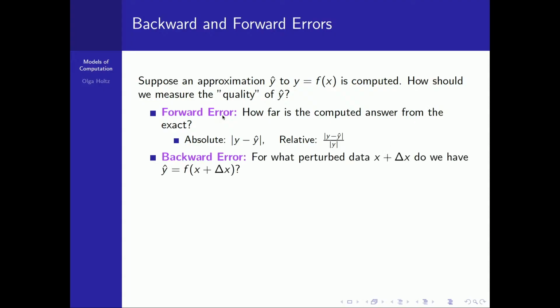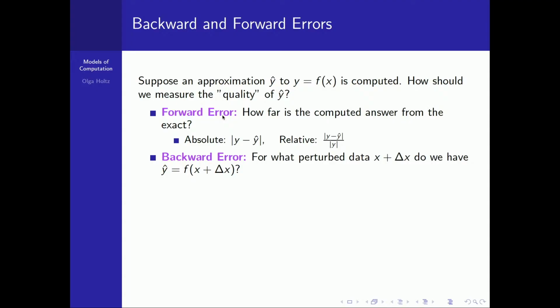What on earth is the backward error? The backward error is motivated by a slightly different question. You might wonder, for what possibly slightly perturbed value of the true input did you compute the correct output?